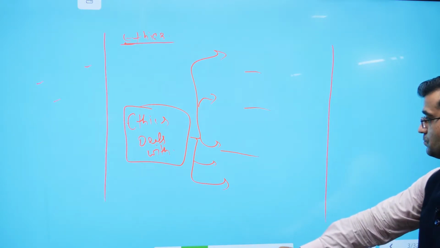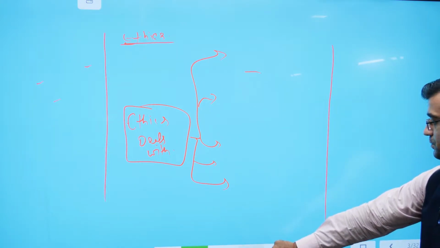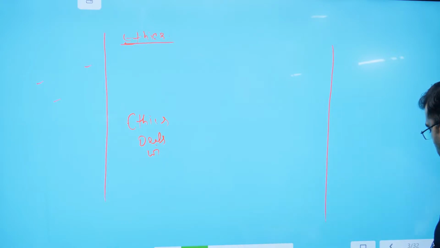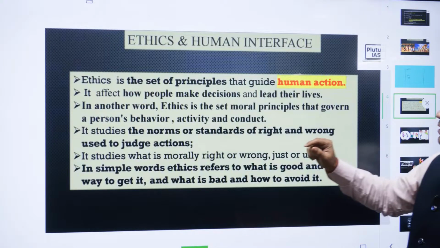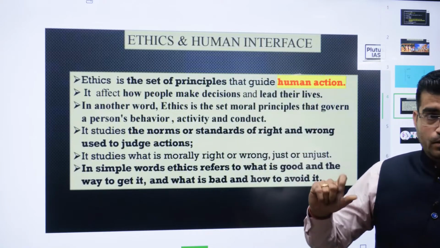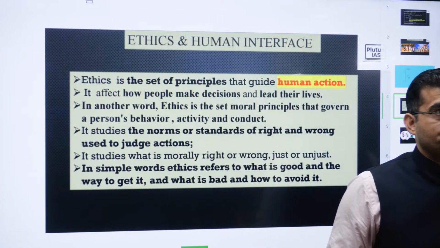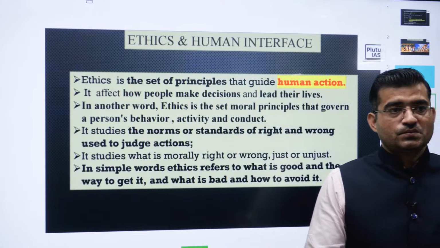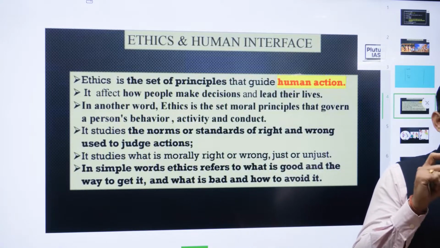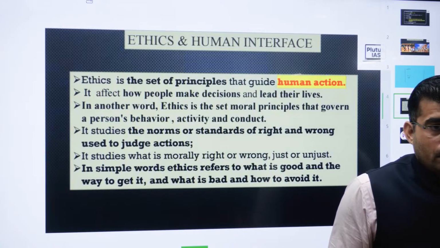Now let us start with our topic. Make a heading: Ethics, and the subtopic is Introduction.